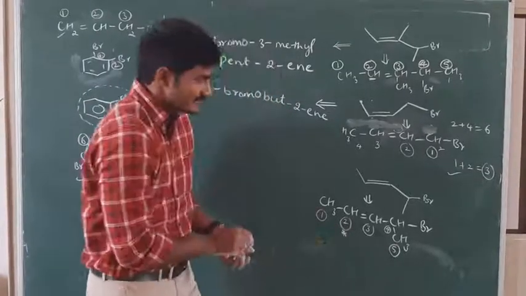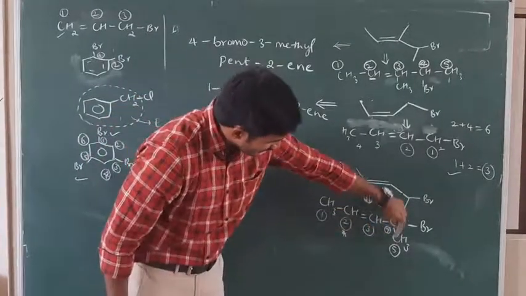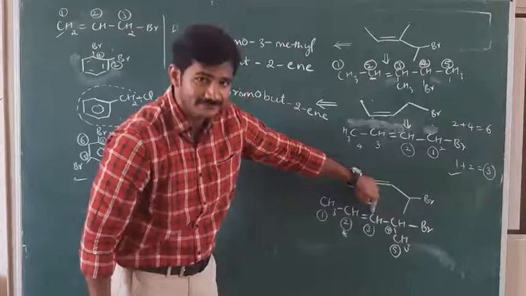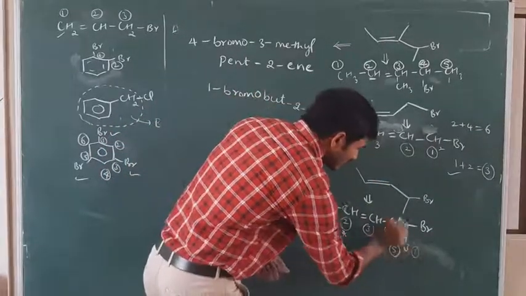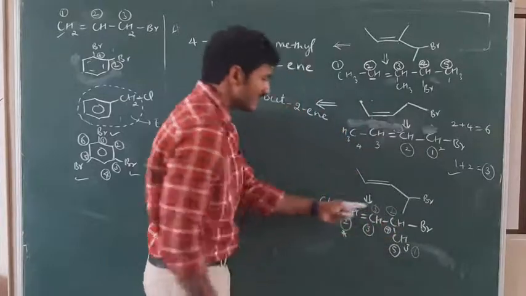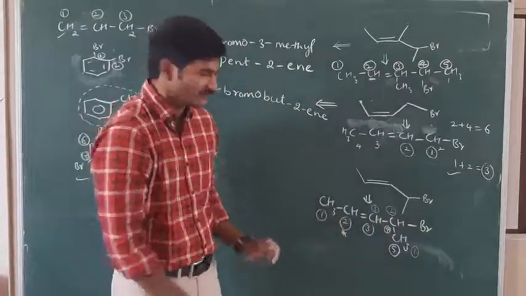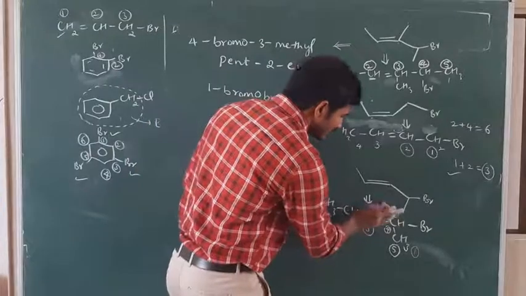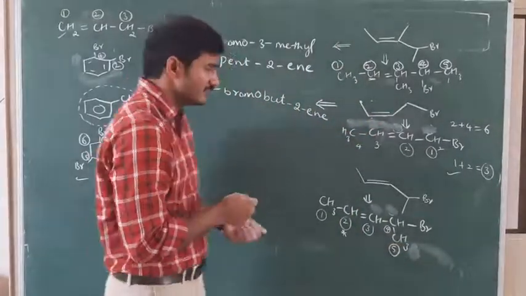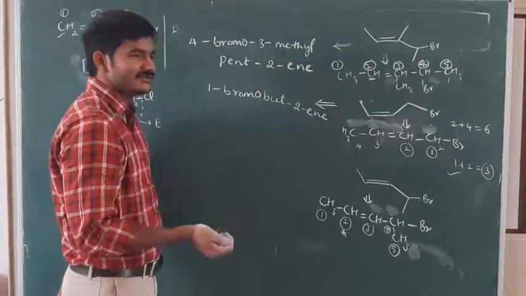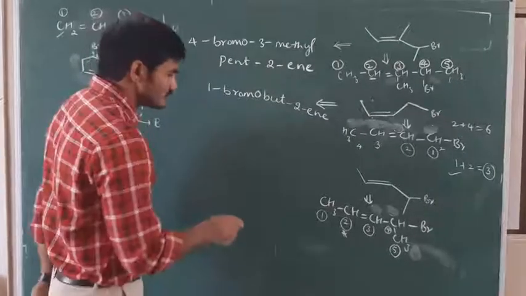Second number. If I start from the other direction, this becomes 1, this becomes 2, and it becomes 3, the third number. But the double bond carbon should get the lowest numbering, so the first is the correct answer. You can give numbering in both directions and check.